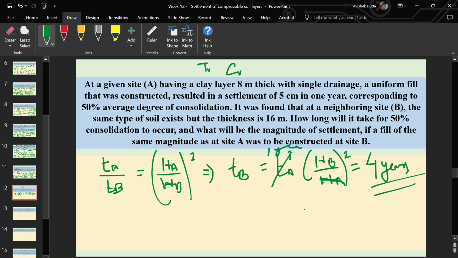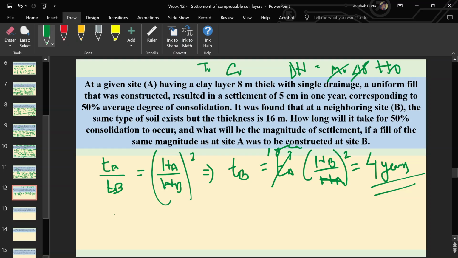Again, in the same condition, we know the settlement del H is equal to mv del sigma H0. Same condition, del sigma is the same, mv is the same.